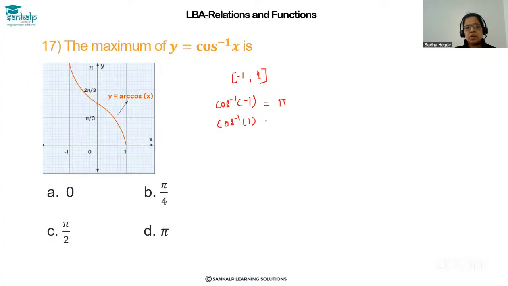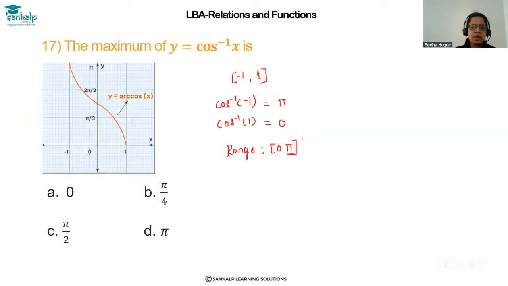Cos inverse 1 is 0 because cos 0 is 1. So the range is from 0 to pi. Therefore, the maximum value of cos inverse x is pi, the highest value.